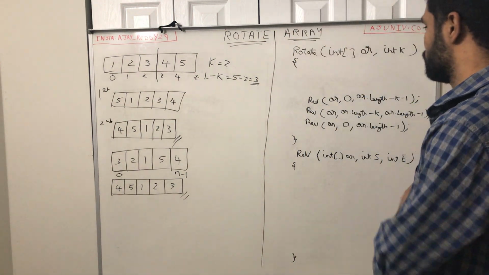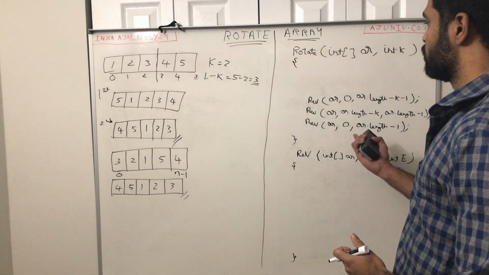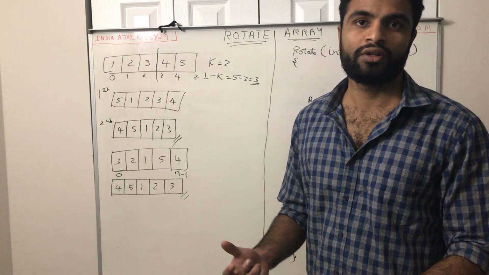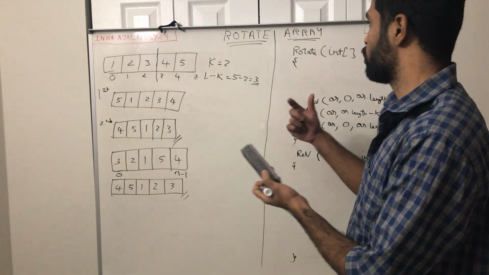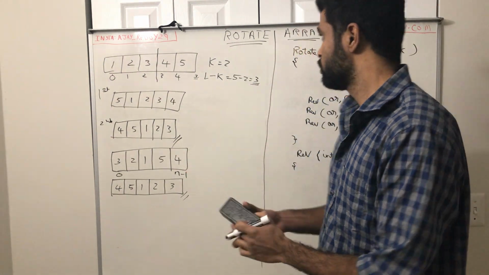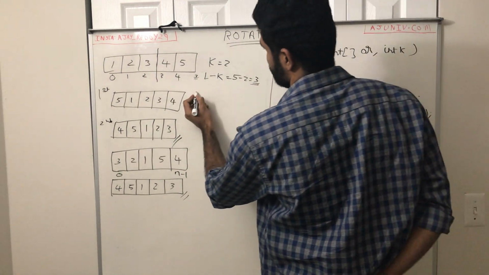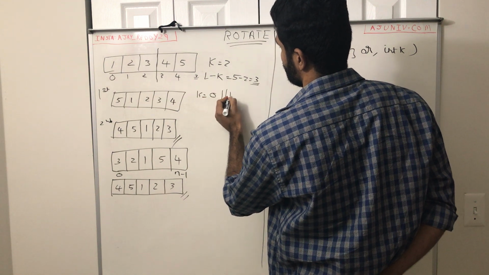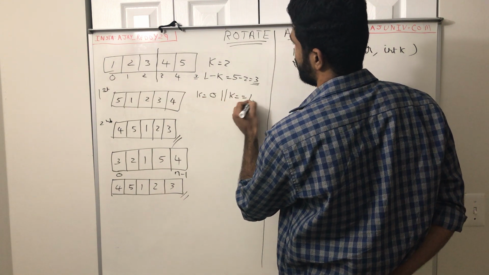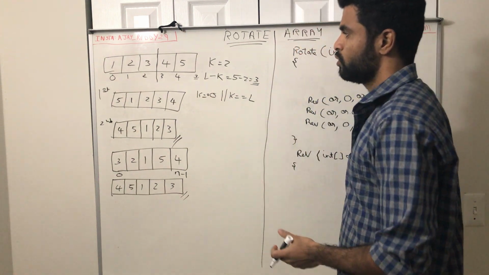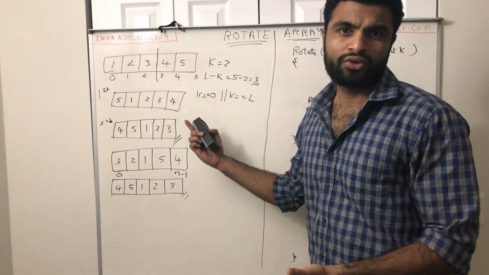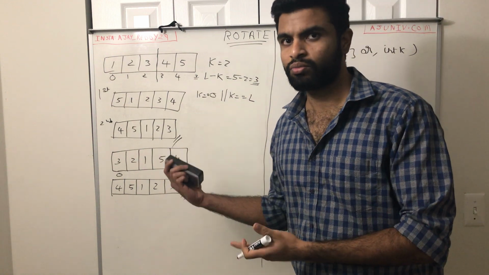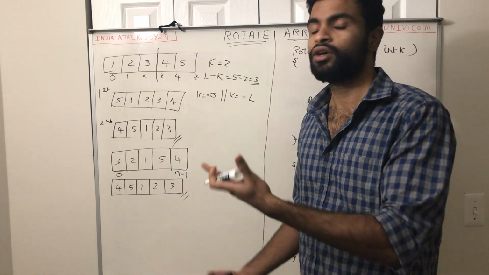Before that, let's see, there are two scenarios where we can optimize this solution. The first scenario is when k equal to 0 or k equal to length. When k equal to 0 or when k equal to the length of the array, there is no need for us to perform any rotations. Why?